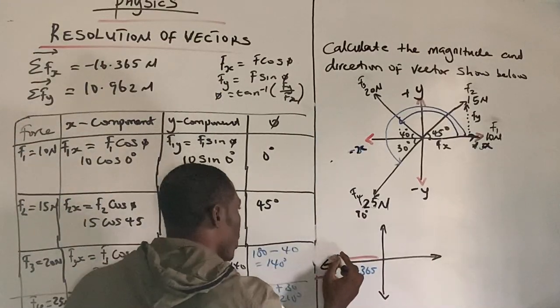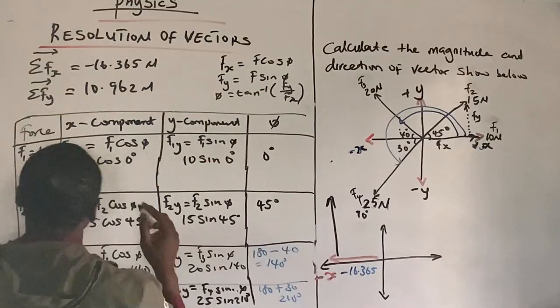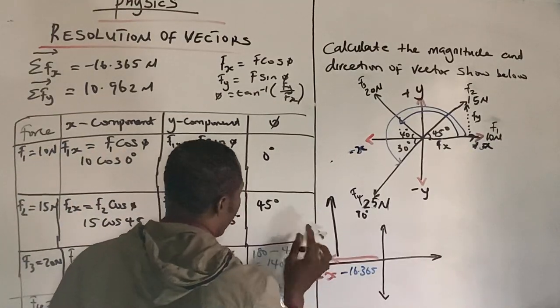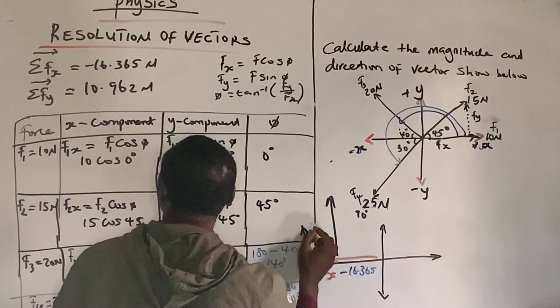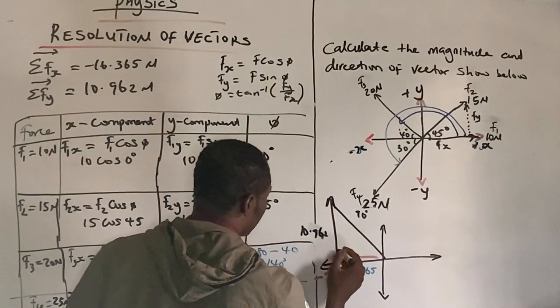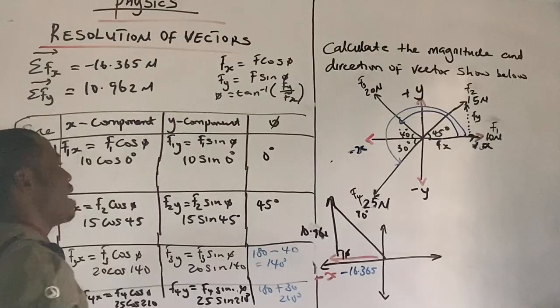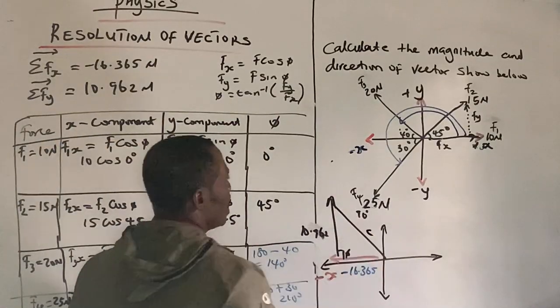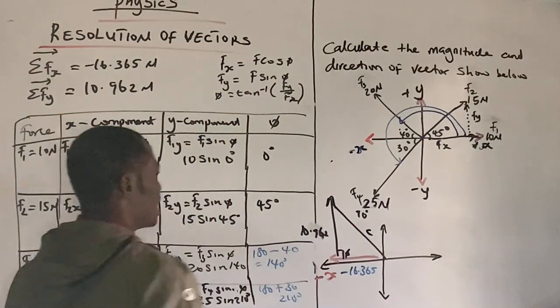So what are we doing? We're going up at about 10.962. Now, we're going to look for the hypotenuse and look for the theta, which is the direction. Let's write it over there.